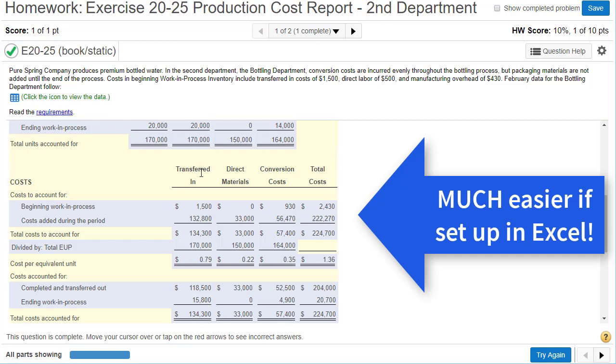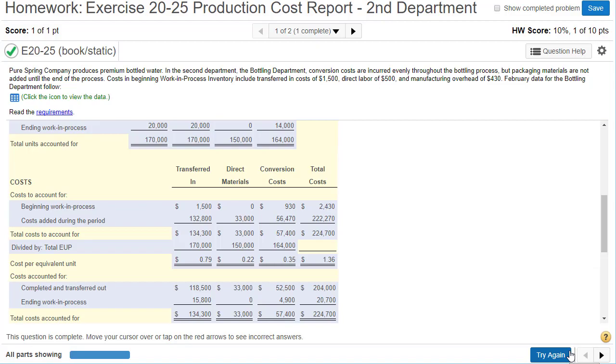In the real world, they either use Excel or they use their ERP, their fancy and expensive ERP system. So that's going to calculate it for them. Most medium-sized companies would be using Excel because they can't afford the multi-million-dollar ERPs. So you have to know how to set this up once in Excel. And once you get it set up correctly, you can just use it over and over again. And that's it for this problem. Exercise 20-25, producing a production cost report for the second department.